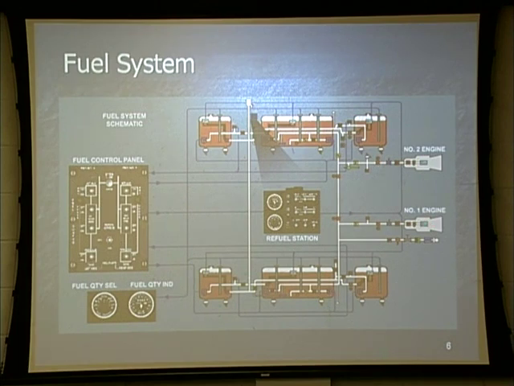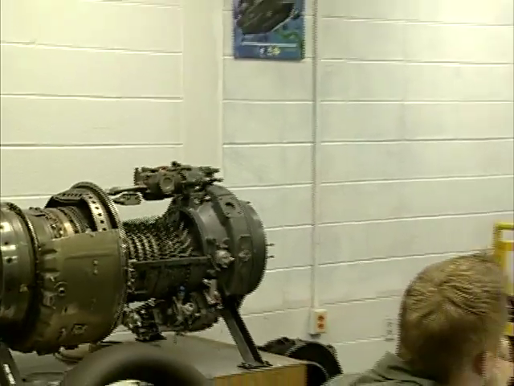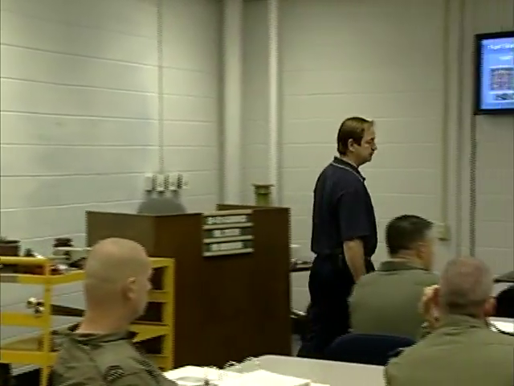Does that make sense? Why is that important to understand? These engine-driven fuel pumps are not sucking fuel out of the opposite tank. So therefore, it's got to be pressurized fuel through that crossover line.